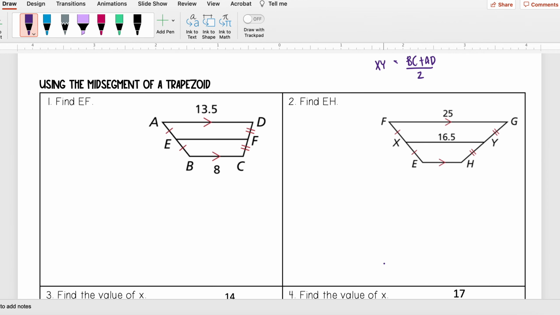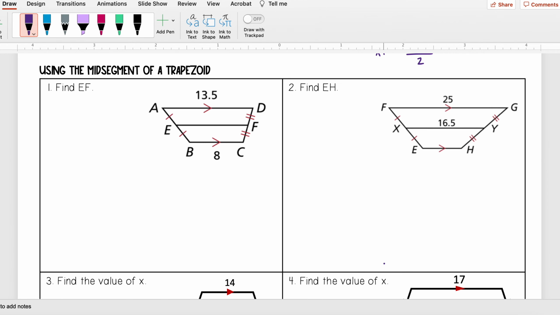Let's go through some examples. For this first one, I want to find EF. I know from my formula that EF, my mid-segment, is going to equal AD plus BC divided by 2. Now I'm going to plug in all the information I know.